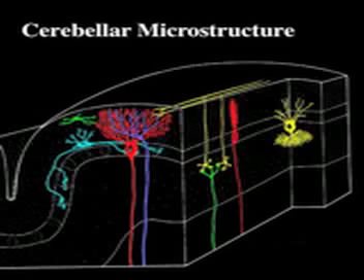When we look at the cerebellar microstructure, we find that the grey matter of the cerebellum has 3 layers. So these peripheral 3 layers are all layers of grey matter. And this 4th layer here is the white matter that underlies that. So those are the tracts that carry information going to the cerebellum and leaving the cerebellum.